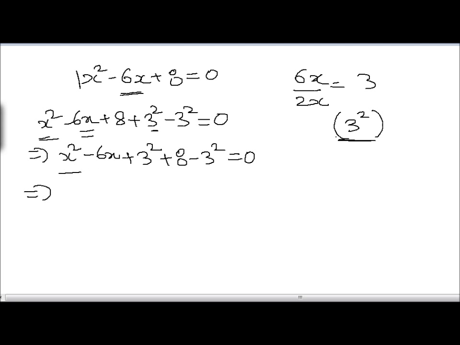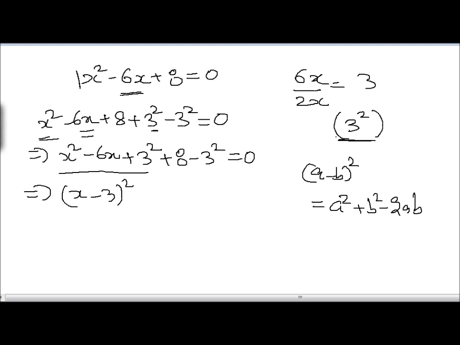And x squared minus 6x plus 3 squared can be written equivalent to (x minus 3) whole squared, because you would have covered in your previous classes that (a minus b) whole squared is equal to a squared plus b squared minus 2ab. So in the same way, x squared minus 6x plus 3 squared can be written equivalent to (x minus 3) whole squared, and the rest of the terms are 8 minus 3 squared, which is 9, is equal to 0.